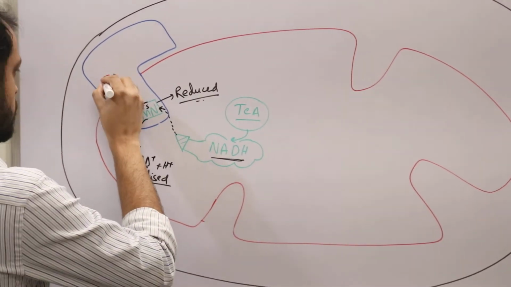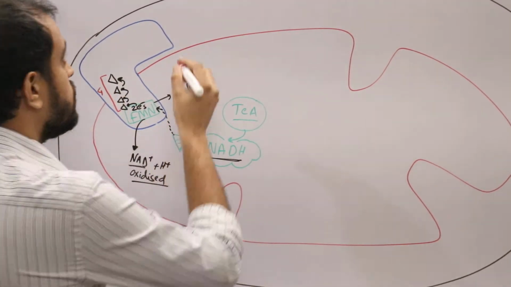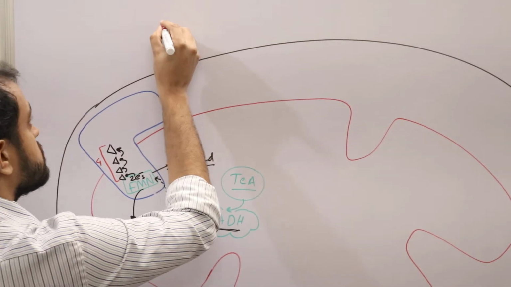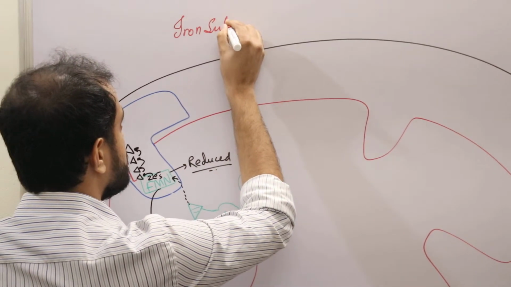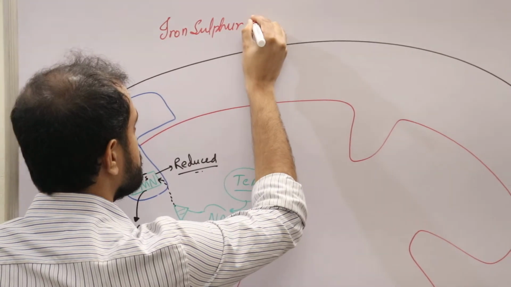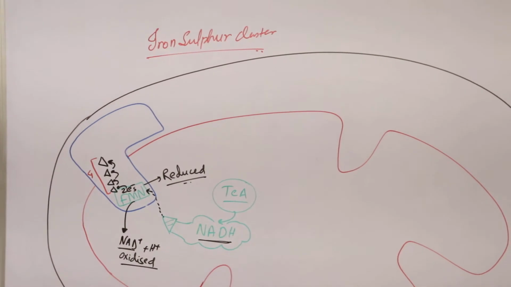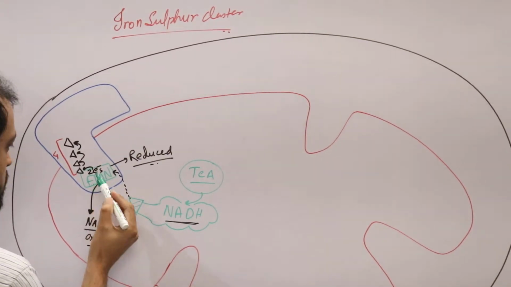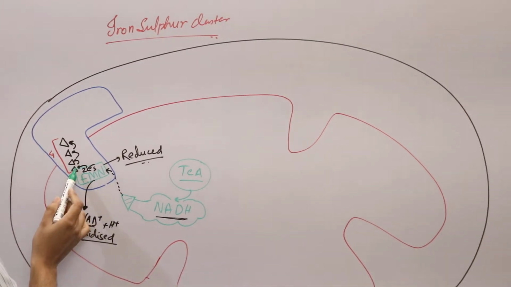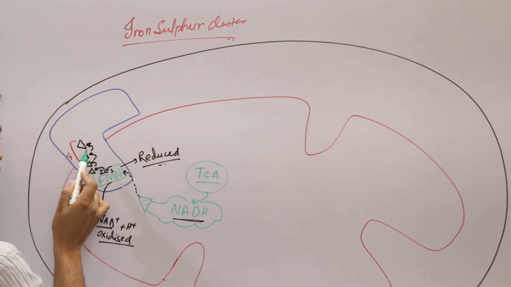four iron sulfur clusters. I have already discussed what an iron sulfur cluster is. From this FMN, electrons move from the first iron sulfur cluster to the second, third and fourth.